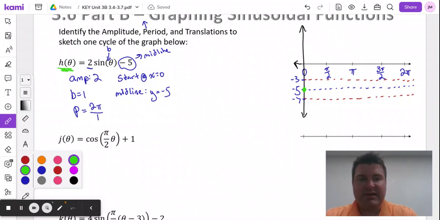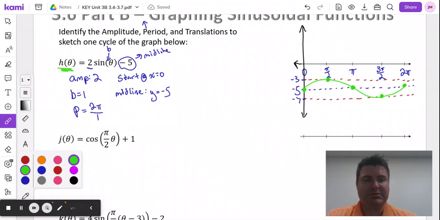We're going to be on the midline, and since it's a positive sine, sine starts on, then up, then on, then down, then on. So this is what sine looks like after all our transformations. So we can sketch it like this. And that's just one cycle of the graph of 2 sine theta minus 5.